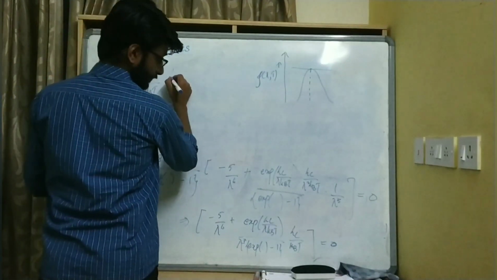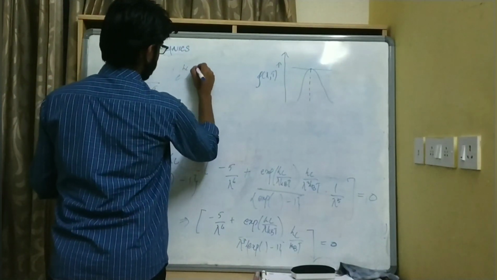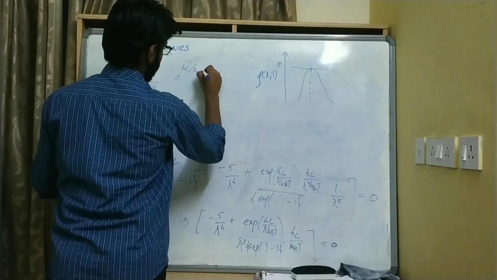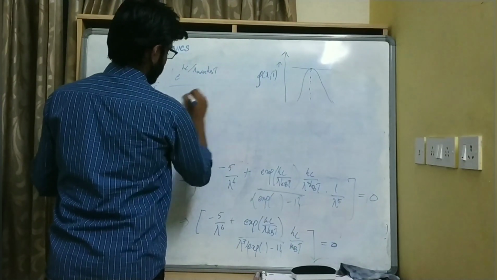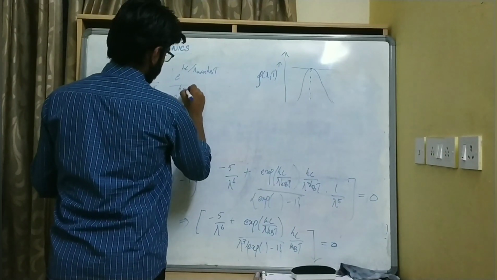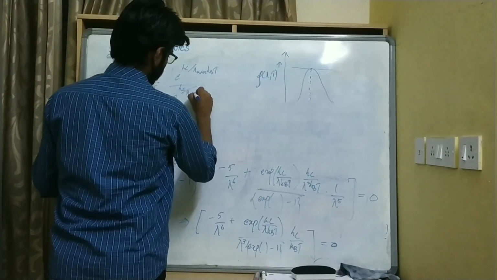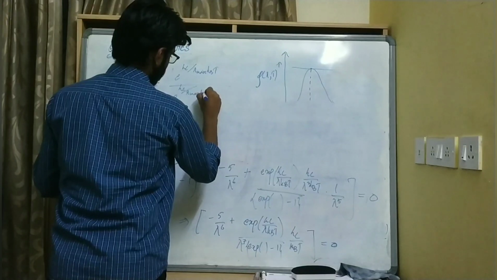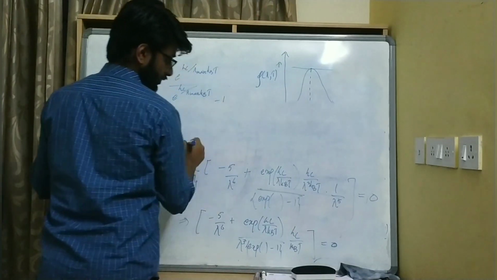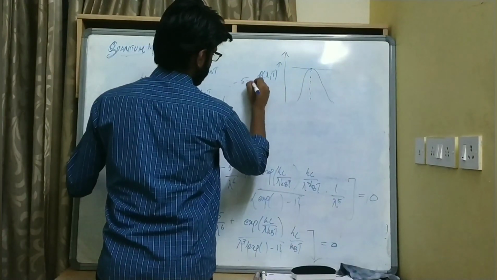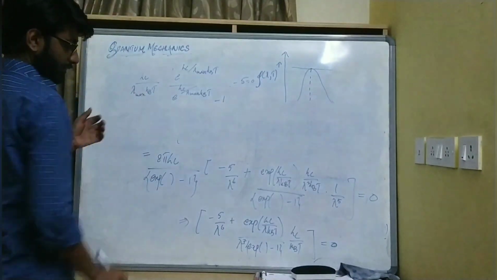This is this times e to the power hc by lambda max kbt by e to the power hc by lambda max kbt minus 1, minus 5 equal to 0. Just rewriting this equation.